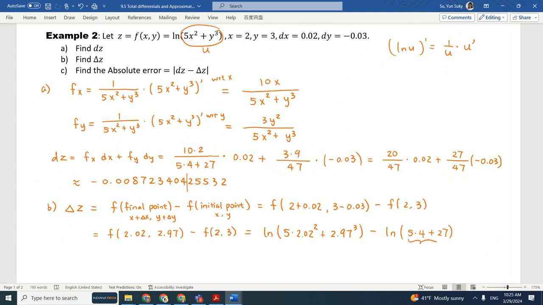And we know 5 times 4 plus 27 is 47. Good. Put this in your calculator and give me as many digits as you can. ln of parentheses 5 times 2.02 squared plus 2.97 cubed, minus ln 47.